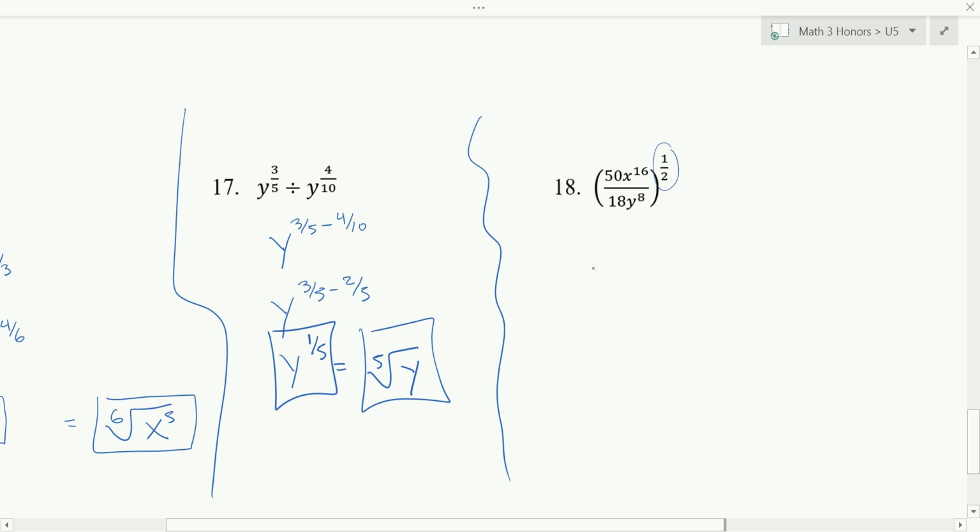So we can think of this as the square root of the whole thing. We notice we can reduce this fraction, the 50 over 18. And then everything ends up being a perfect square. So what's the answer?